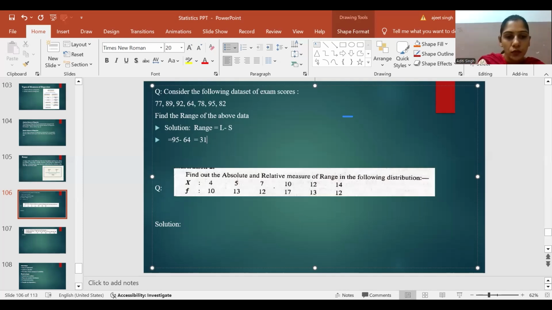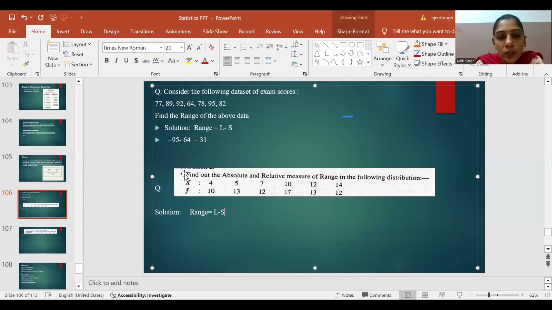First of all, we calculate the range for this question. The formula is the highest value minus the smallest value.